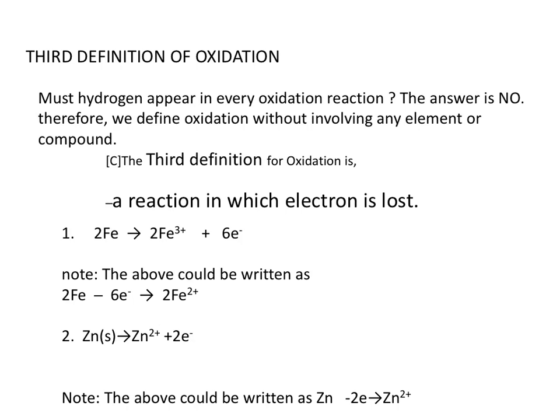Note that the above equation can be rewritten as 2Fe minus 6 electrons to give you 2Fe3+, meaning that iron has been oxidized. Zn to give you Zn2+ plus 2e, or if you rewrite it as Zn minus 2e to give you Zn2+. Also, zinc has been oxidized to Zn2+.